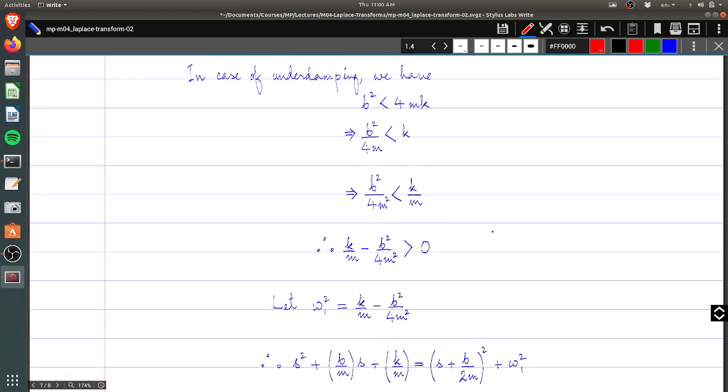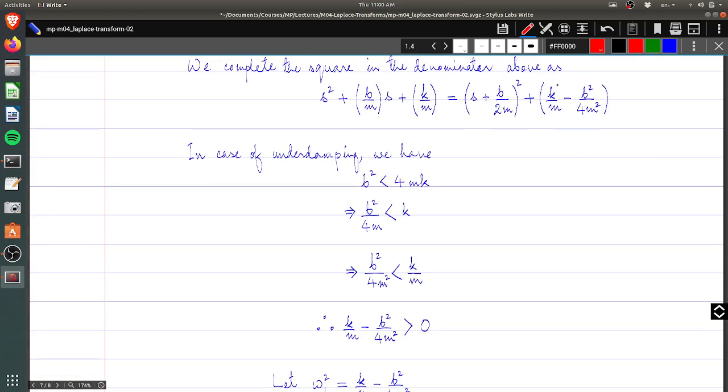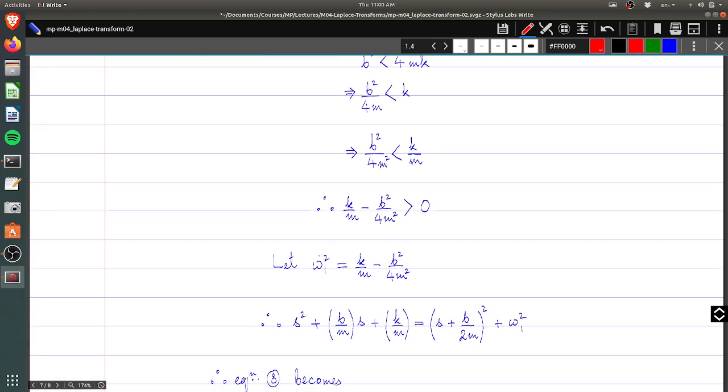If it is always positive, we can define it as the square of an angular frequency. After all, k by m gives omega naught squared in the case of simple harmonic motion. k by m has dimensions of square of angular frequency, and we are adding these two terms, so this will also have the dimensions of omega square.